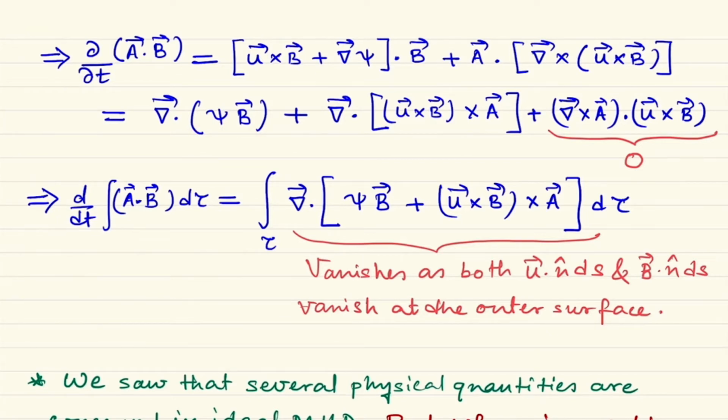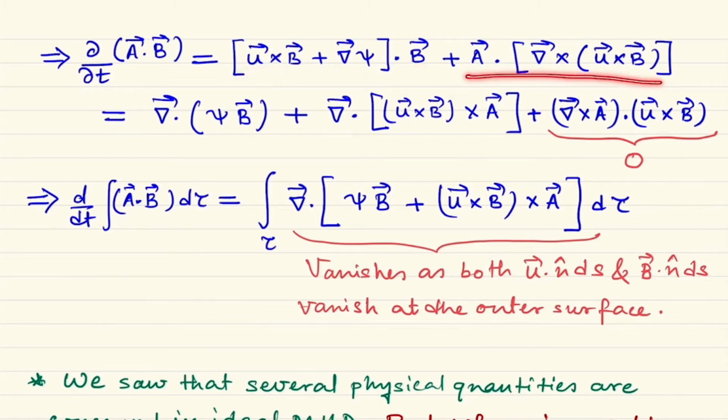One is you have one term, U cross B dot B, which is 0, because in a scalar triple product, if two elements are equal, then it is 0. So no problem with this term.